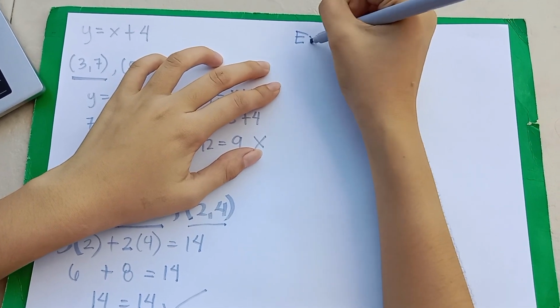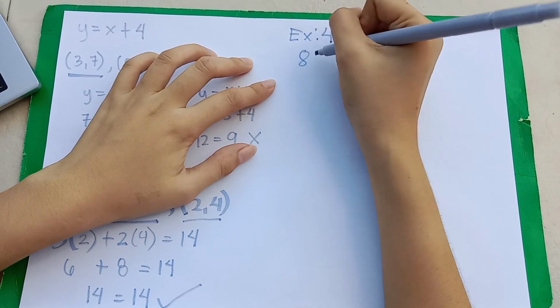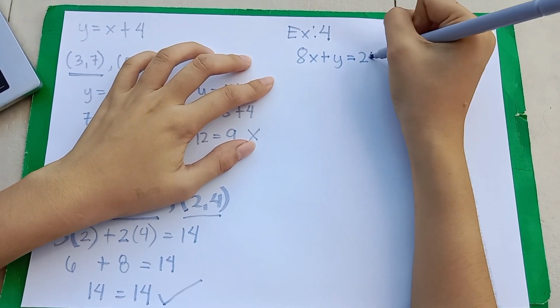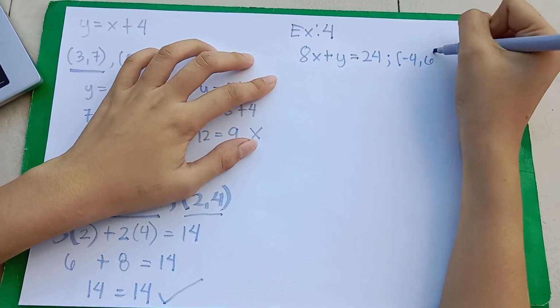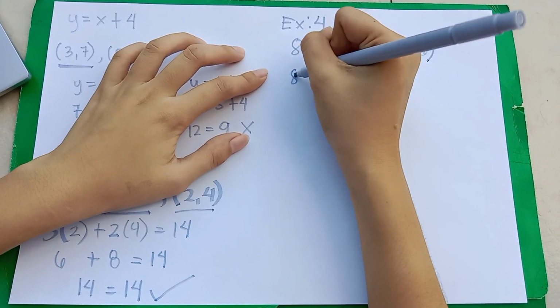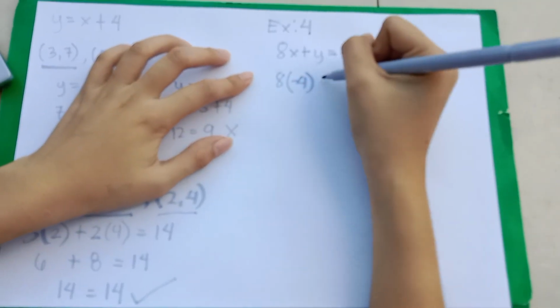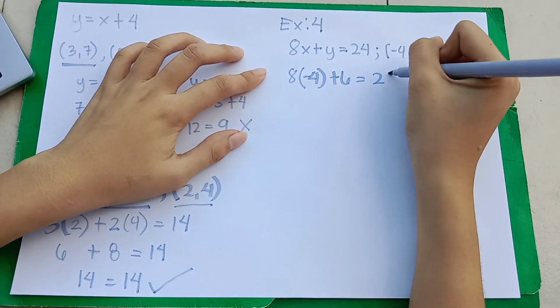Now let's move on to our example number 4. So we have here the equation 8x plus y equals 24, given an ordered pair of negative 4 and 6. Substituting, 8, here our x is negative 4, plus y is 6, equals 24.